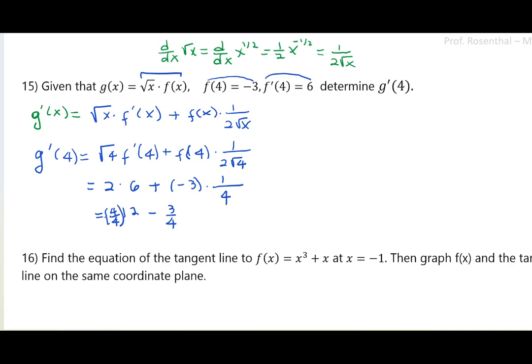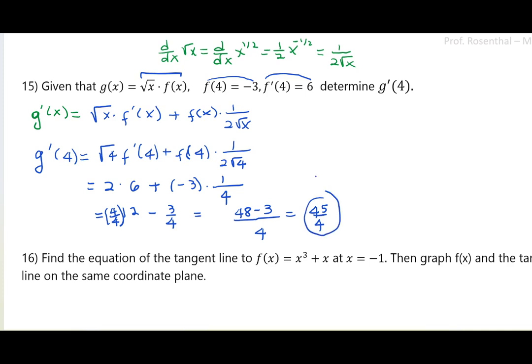So now you have 4 over 4 times 12 minus 3 over 4. So they both have a denominator of 4. I can combine the numerators. 4 times 12 is 48 minus 3. So we're getting 45 over 4 as our final answer.